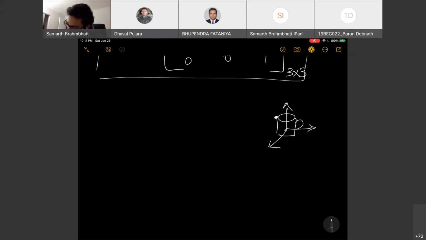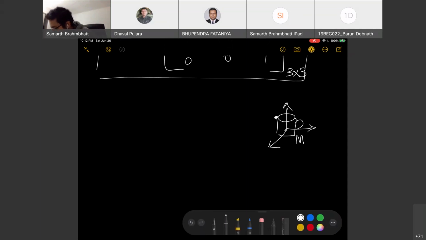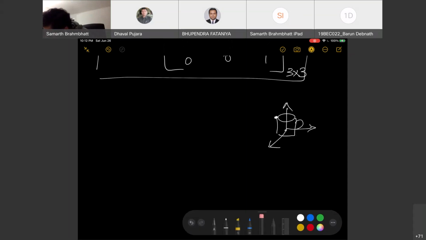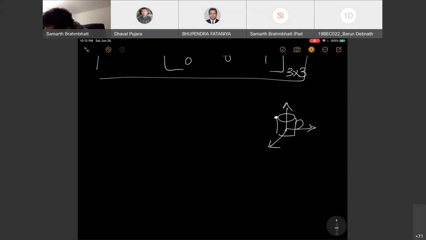So we will call this our coordinate system M, right? M for mug, or actually let's just do coordinate system O for the object.